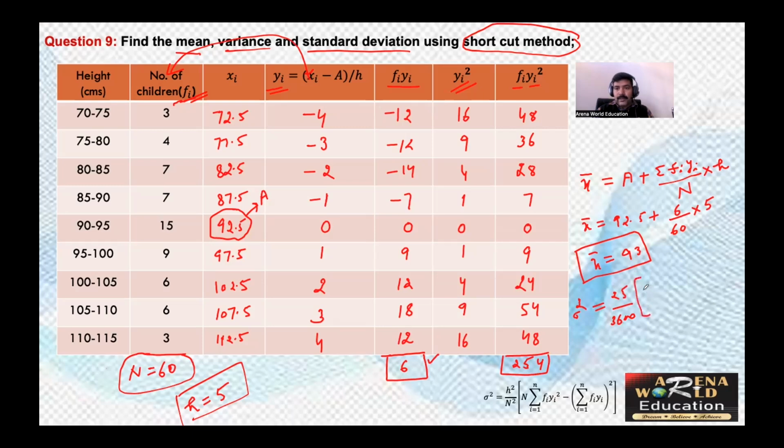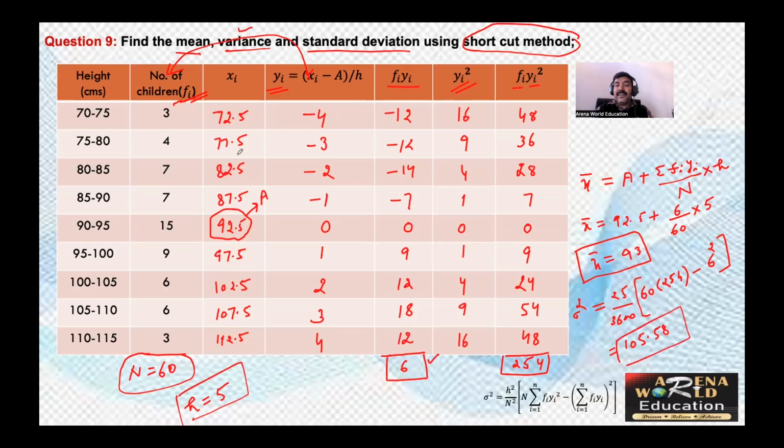So then n is 60. 60 into summation fi yi square, and that is equal to 254 minus, yes, so this is summation fi yi. So this is mainly 6 square. After solving this, you will get 105.58, and this is your required variance.